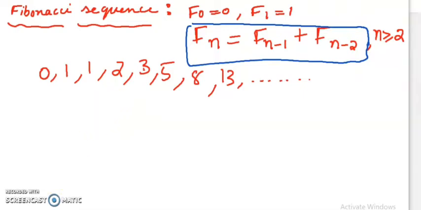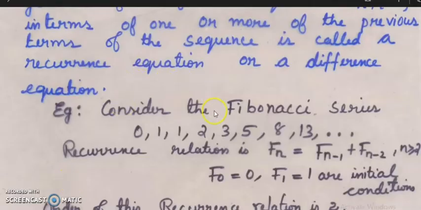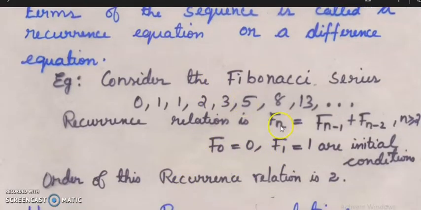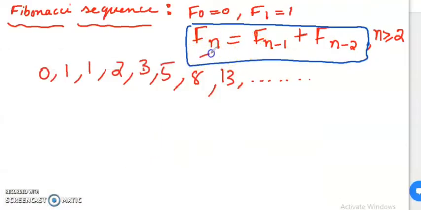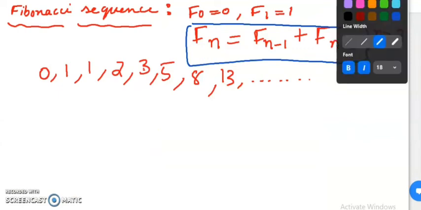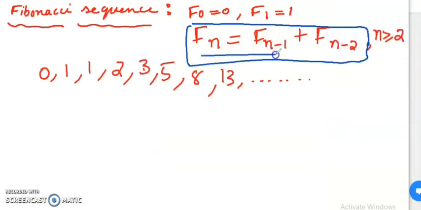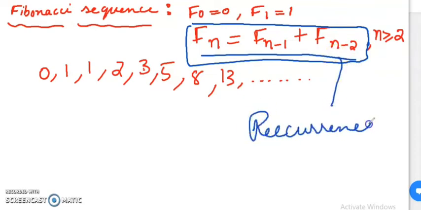So here, F_0 and F_1 are the initial conditions, and this particular equation is called a recurrence relation or recurrence equation of order 2. This equation, F_n = F_(n-1) + F_(n-2), is called a recurrence equation or recurrence relation.